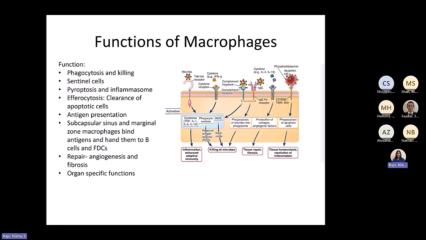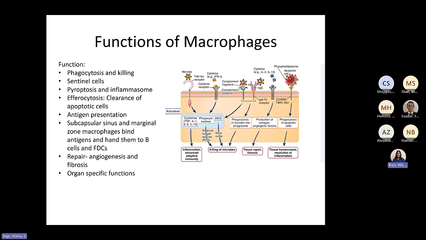Macrophages are one type of antigen-presenting cells. We talked about that. And then there are macrophages present in subcapsular sinuses or the marginal zone of the lymphoid tissues. There they bind to the larger antigens that are coming into the lymphoid tissues, and instead of the macrophages typically acting as antigen-presenting cells and presenting to T cells, the large antigens are handed over to the follicular dendritic cells or B cells, so that the humoral response is also activated by these macrophages.